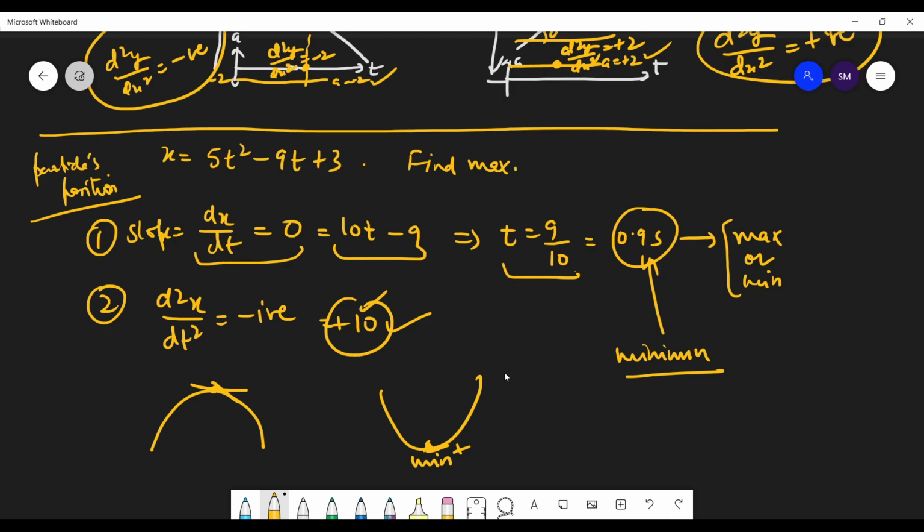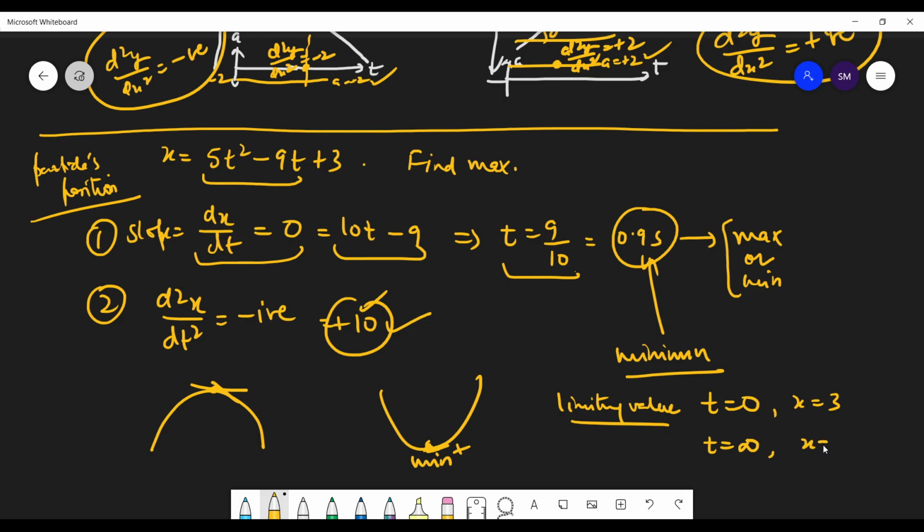If we check the limiting values, students, time cannot be less than 0. So let the limiting values of time be t equals 0 on one side and t equals infinity on the other side. When t equals 0, what will be the value of x? x will be 3.